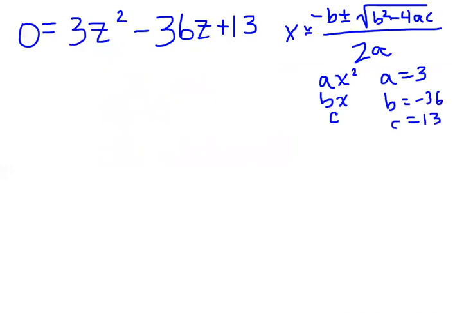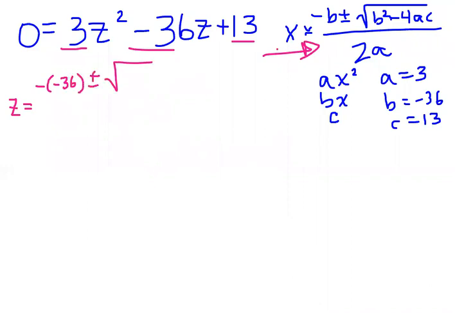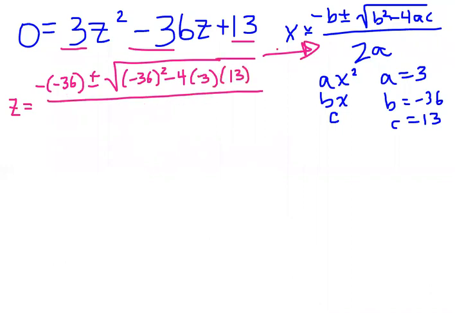So if we plug our coefficients into the quadratic formula, we get that z should equal negative of the negative 36 plus or minus the square root of negative 36 squared minus 4 times 3 times 13, all divided by 2 times 3.